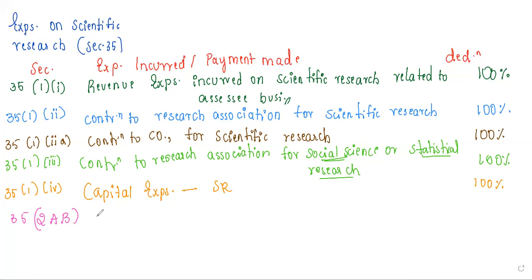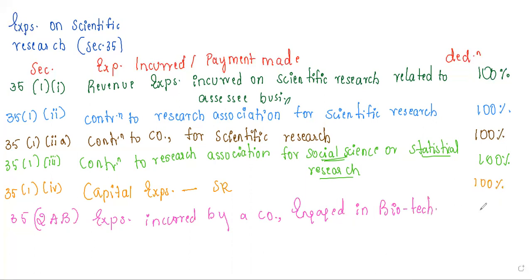That tells you regarding the expenditure incurred by a company engaged in biotechnology. If a company is engaged in any kind of biotechnology, here is the only one where the rate will be changing, that is 150%. Apart from this, the rest and all, it is the same. There is no change in this.